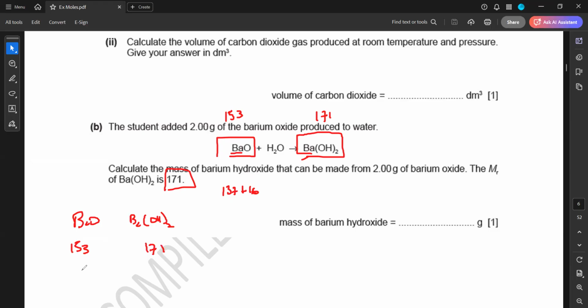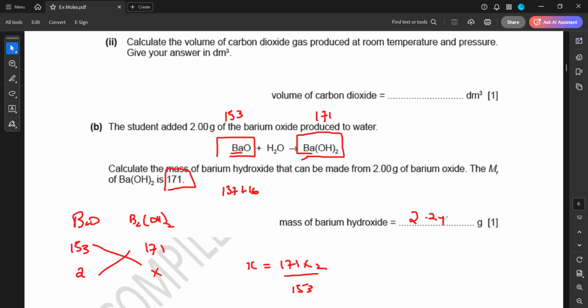That's the ratio. So if I have 2 grams, this will be X. Cross multiply, so X will be equal to 171 multiplied by 2 divided by 153. This will give us the mass of barium hydroxide, which is 2.24 grams.